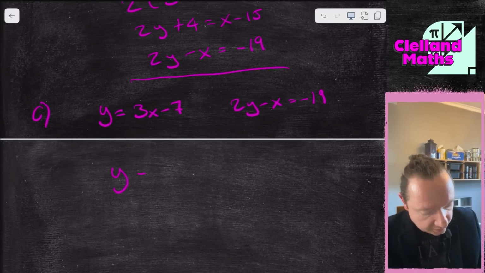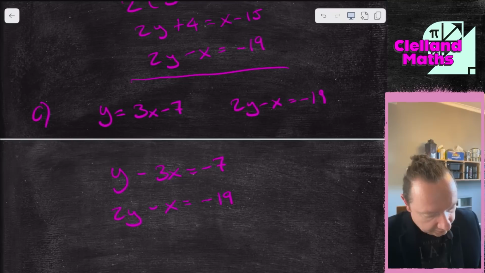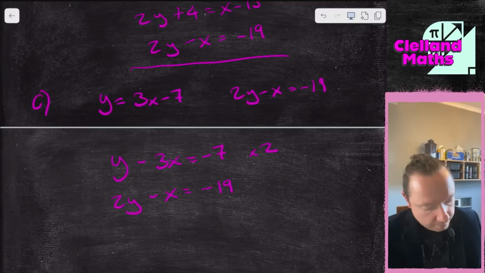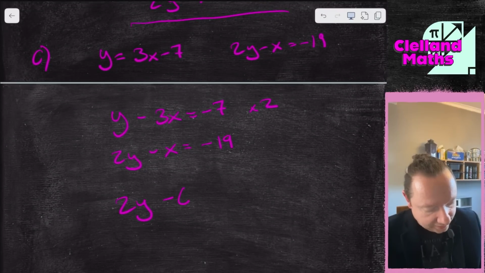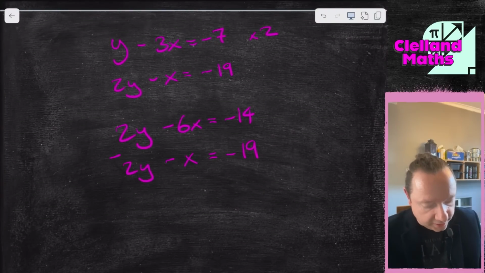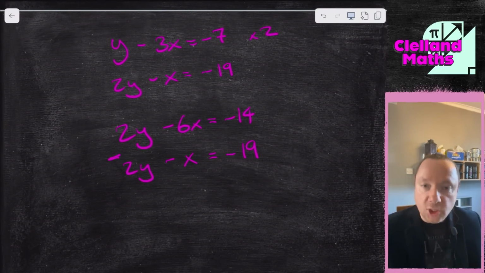So I've got y minus 3x equals minus 7 for the first one, and 2y minus x equals minus 19. So I can just times the top one by 2, say, to get 2y minus 6x equals minus 14, and 2y minus x equals minus 19, and then just take away because the signs on the y are the same. Watch your signs here.